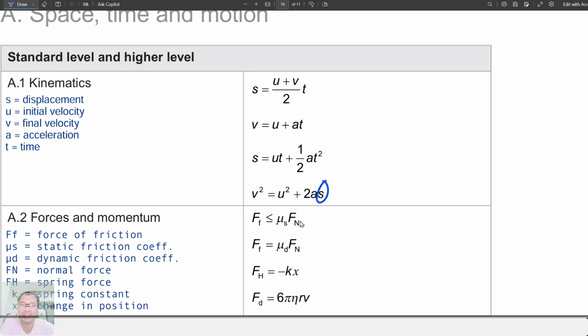S here is the distance that the object travels in one direction. In this case, which direction? The object travels in both directions, horizontal and vertical. Vertical.